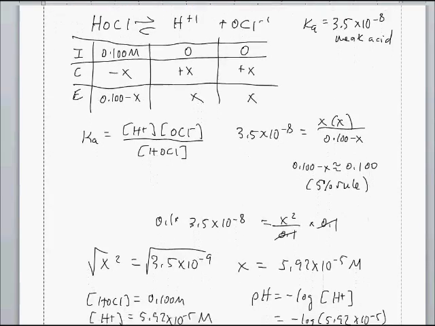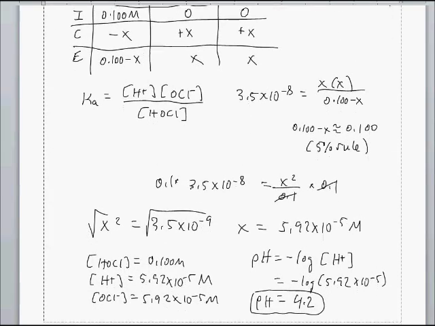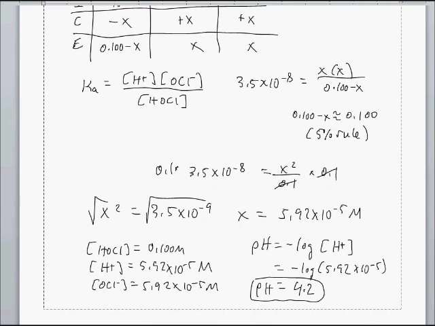Now, just for the sake of comparison, I think it's important that we notice how it would be different should we have done the similar calculation for a strong acid, right?